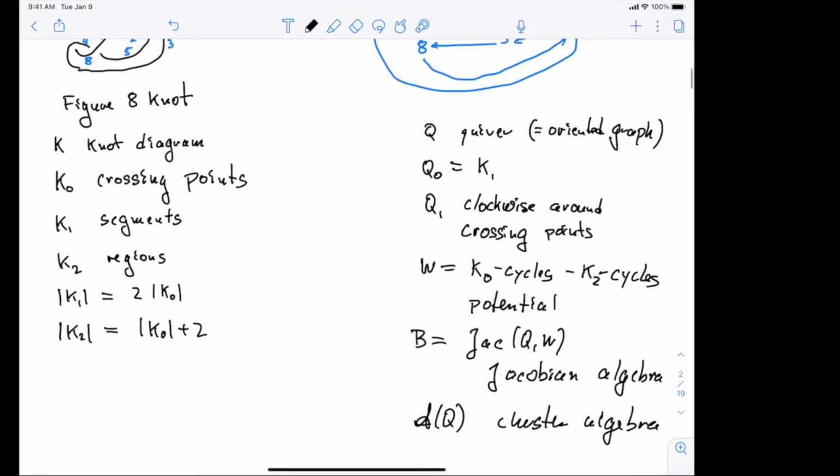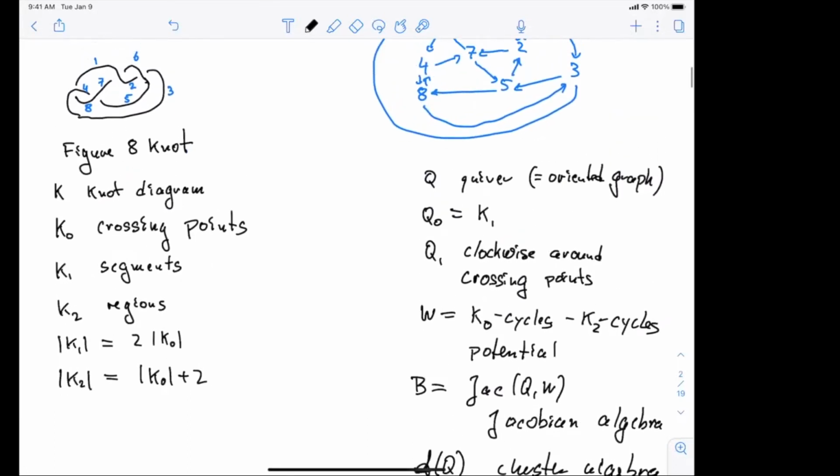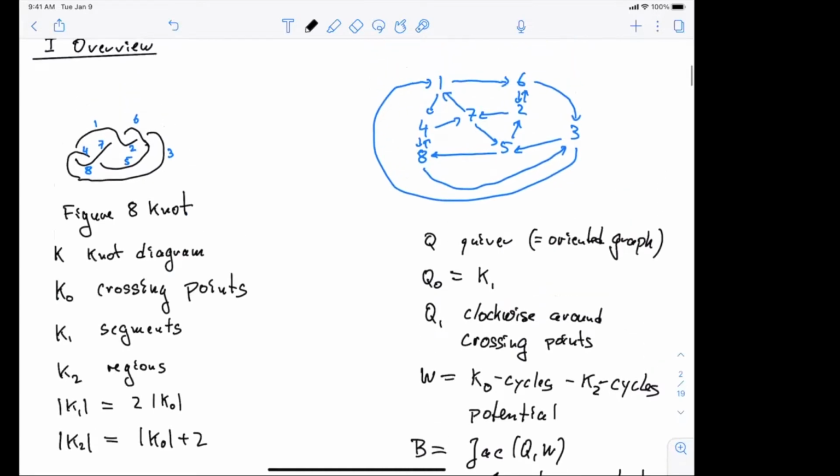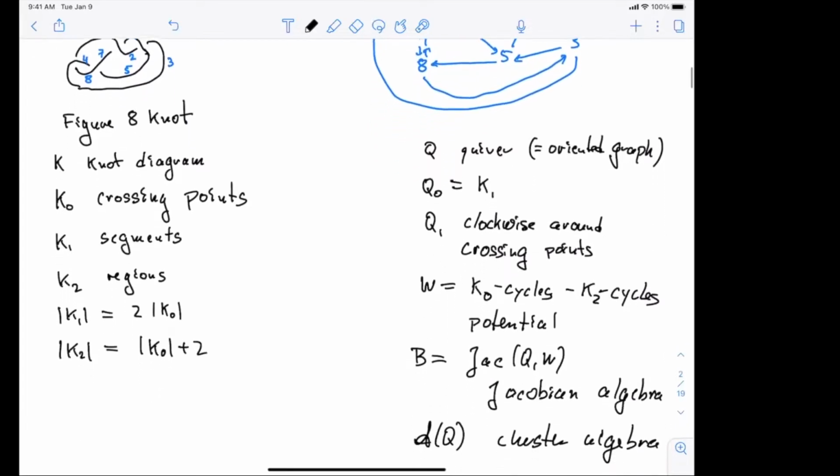And well, if you're familiar with cluster algebras, you might object now because the quiver has 2 cycles. But it is not hard to get rid of these 2 cycles. So you can find an equivalent potential, remove the 2 cycles, and take that quiver instead. Okay, and then these 2 objects, they talk to each other.